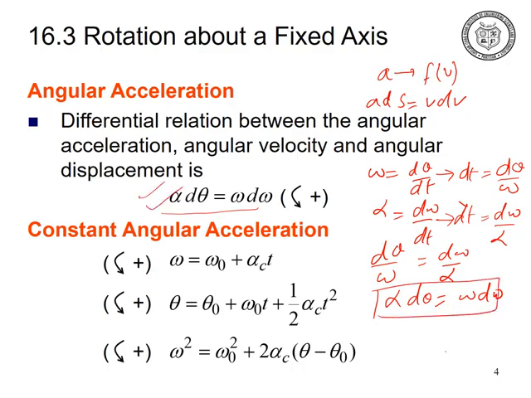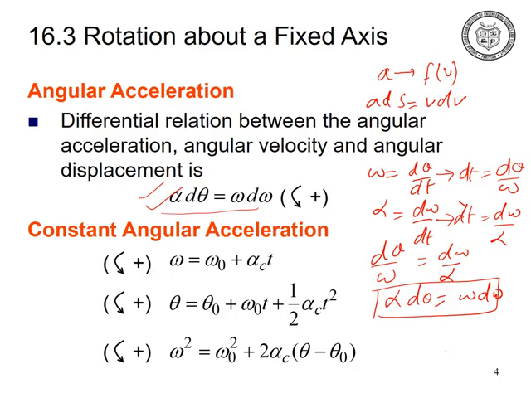This relationship will be used when your angular acceleration is a function of angular velocity. So this is about the angular acceleration. For rectilinear motion we also discussed the equations of motion. Similarly, for rotational motion we also discuss the equations of motion.